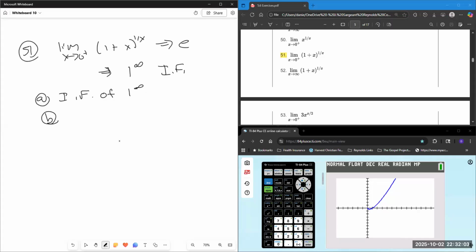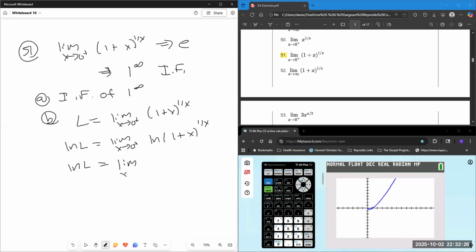Part B, L is equal to this limit. So ln of L is equal to the limit as x goes to 0 from the right of ln of 1 plus x to the 1 over x. ln of L is the limit as x goes to 0 from the right, 1 over x times ln of 1 plus x.